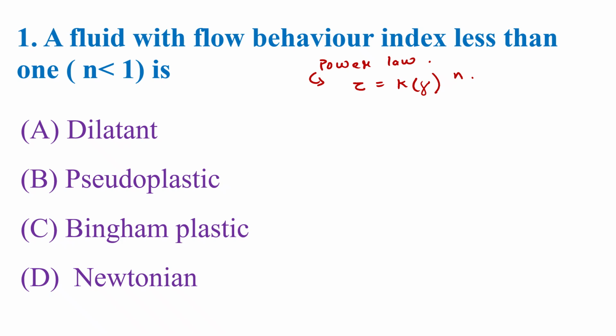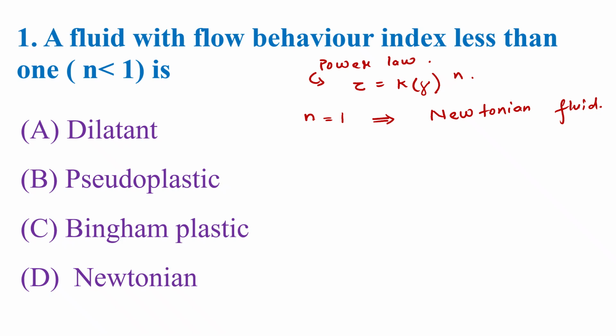Now the value of n will decide the type of the fluid. If my n is equal to 1, that means this is my Newtonian fluid, for example water, milk, oil, where viscosity will not change with the shear rate.